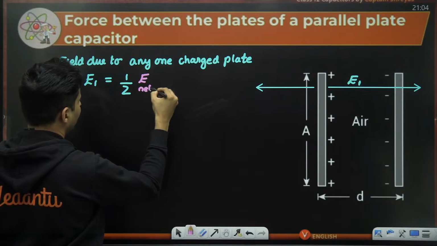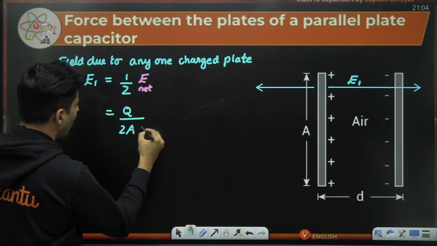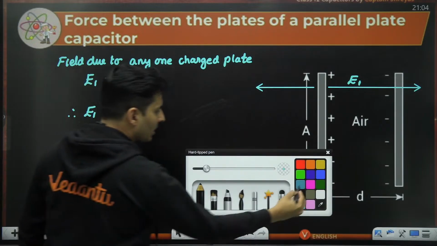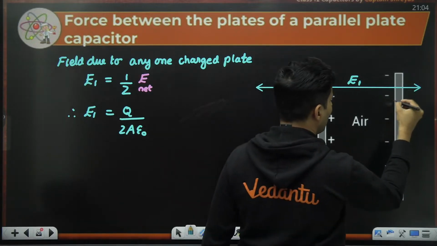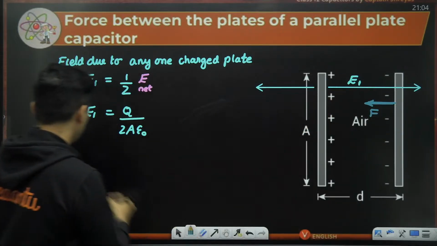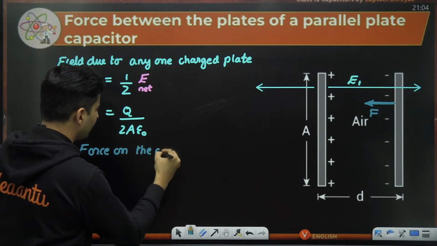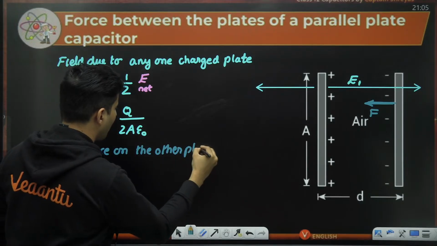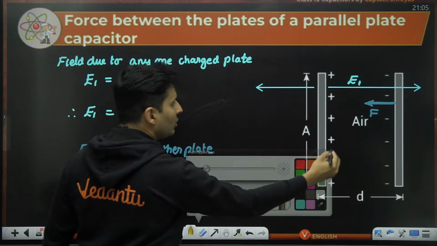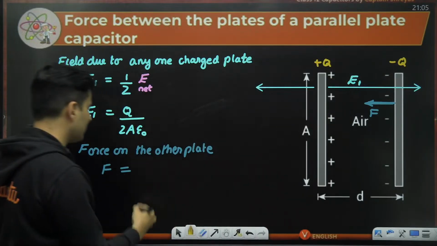So hence it will be nothing but Q by 2A epsilon naught, that is the electric field due to any one of those plates. Therefore, if I want to find out what force will be applied on the other plate, F will be nothing but, you can take that particular charge, maybe it is Q in magnitude, I'm just interested in the magnitude.